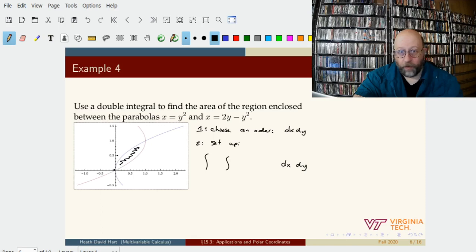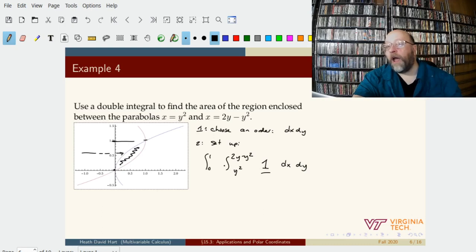My smallest and largest y coordinates on this region are 0 and 1. And then my arrow travels through the region and enters along the parabola that opens this way, which is the one that has the positive y squared term, and leaves along the parabola that opens this way, and that's the one with the negative y squared term. And since we're finding an area, I just put a 1 here for my function.